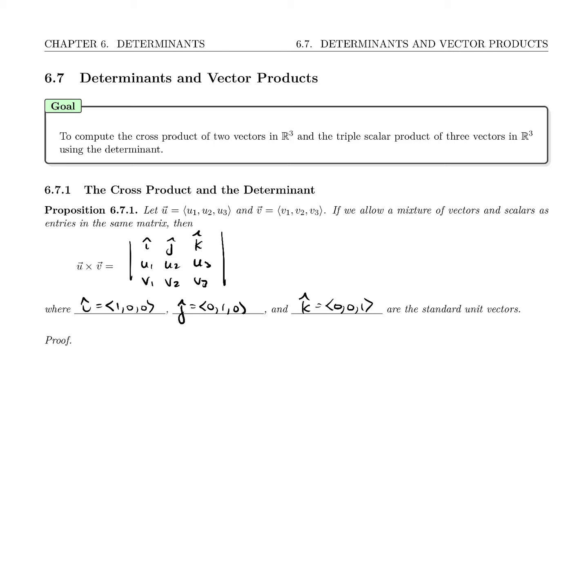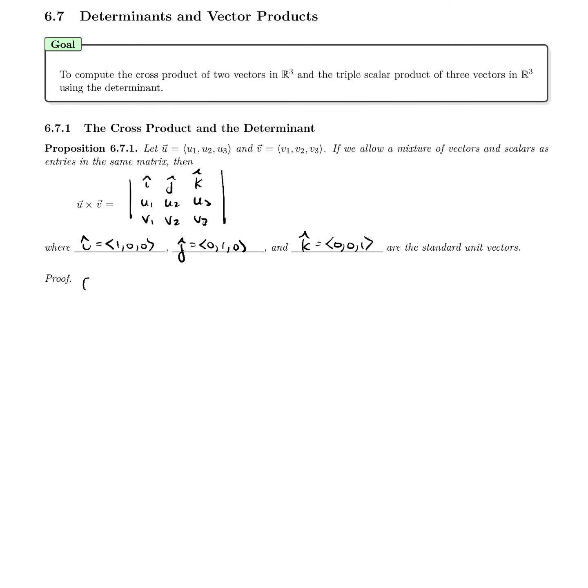Proof. Well, let's remember what the formula for the cross product was. So we calculated the cross product as follows. For u cross v, we wrote the vectors vertically, u1, u2, u3, v1, v2, v3. We recopied the first two entries of each, so u1 and u2, v1 and v2, we crossed off the first set of entries and did the cross motion.